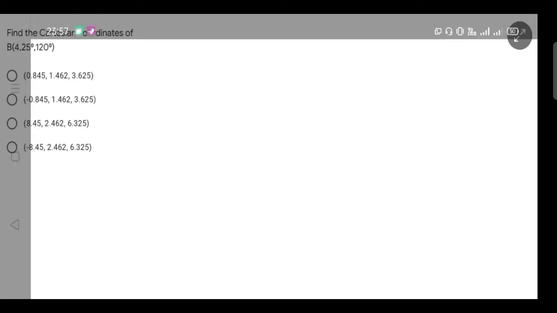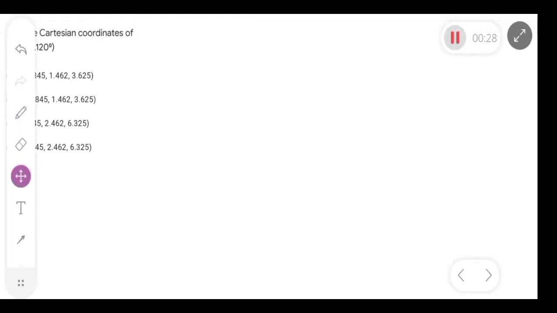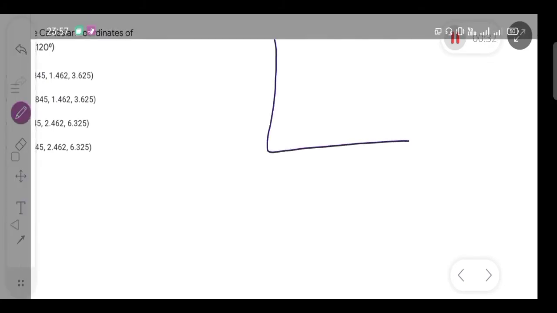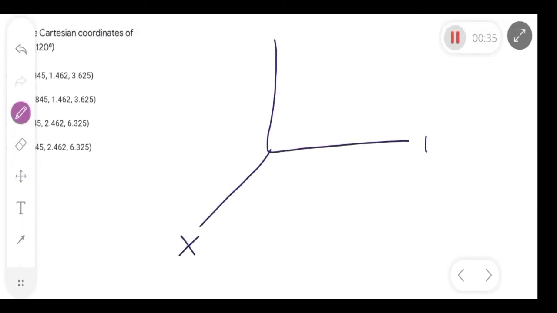Now we have the three axes, that is x, y, z, and this is the origin. The intersection of the three axes is known as the origin. Now point P, whose coordinate is r, theta, and phi.